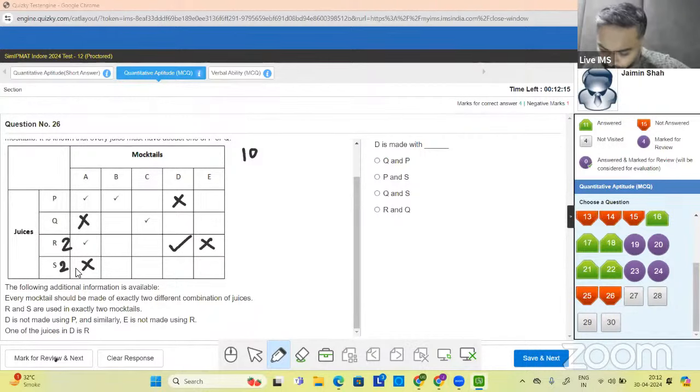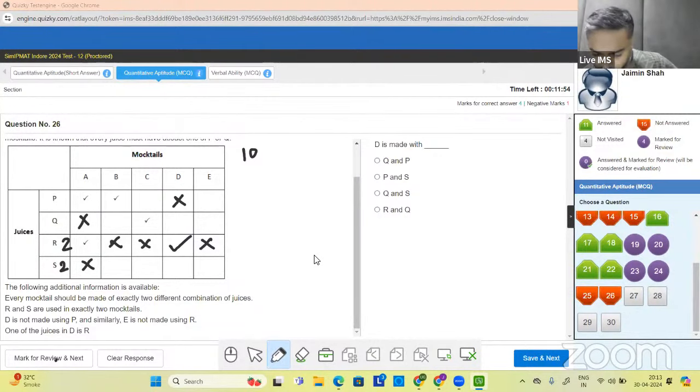तो इसमें दो ऑलरेडी आ चुके हैं आर में, so this two will be crossed out. ठीक है.